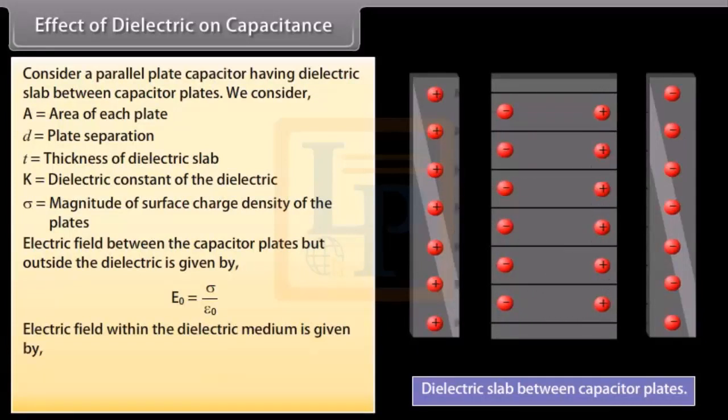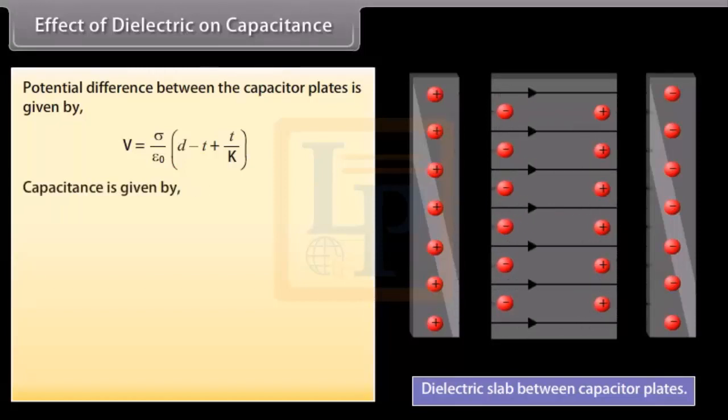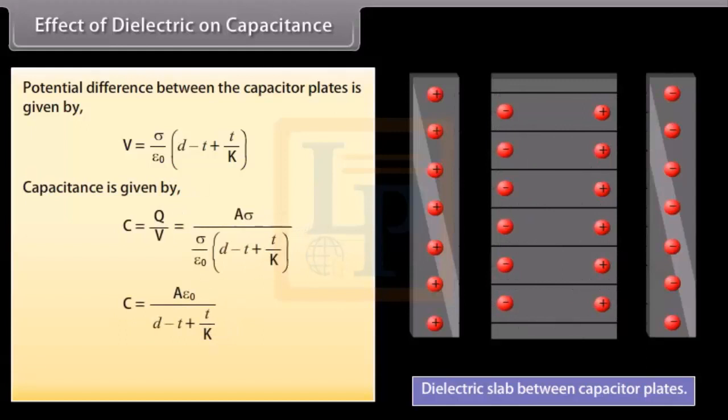Electric field within the dielectric medium is given by E is equal to sigma upon the product of epsilon naught and K. Potential difference between the capacitor plates is given by V is equal to sigma upon epsilon naught multiplied by D minus T plus T upon K. Capacitance is given by C is equal to A epsilon naught divided by D minus T plus T upon K.